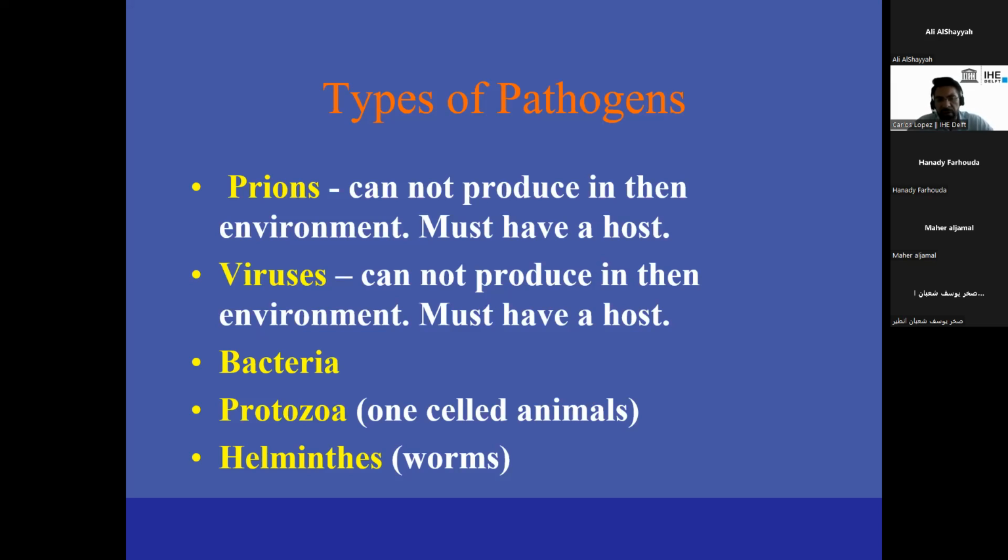We can also have protozoa. These protozoa are the smallest microorganisms that can be present. So the smallest, let's say, between brackets, animals, very tiny organisms like, for example, amoeba, and they are also linked to serious diseases. And last but not least, we also have different types of worms.